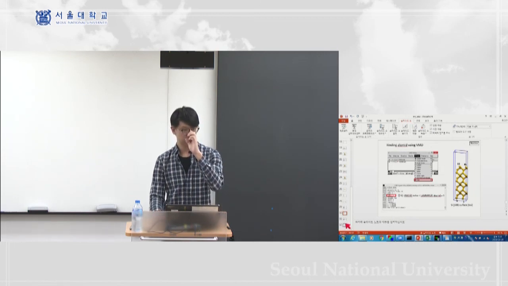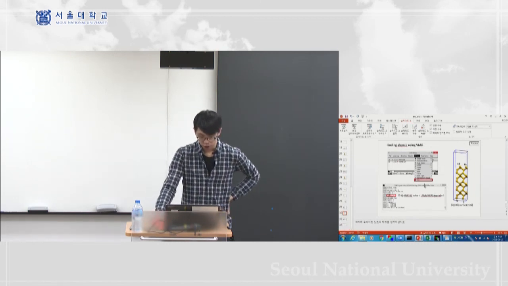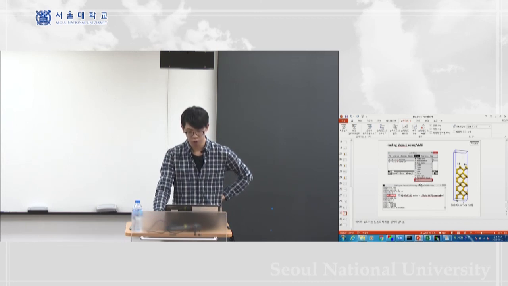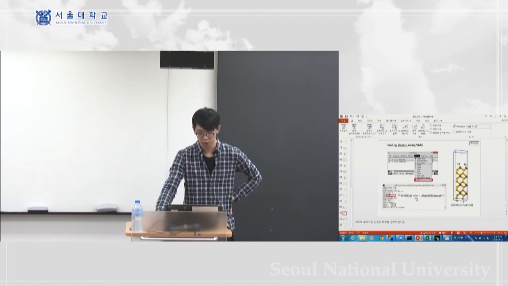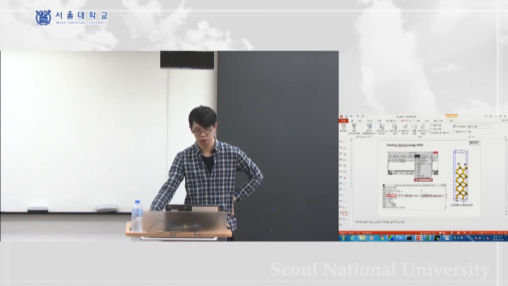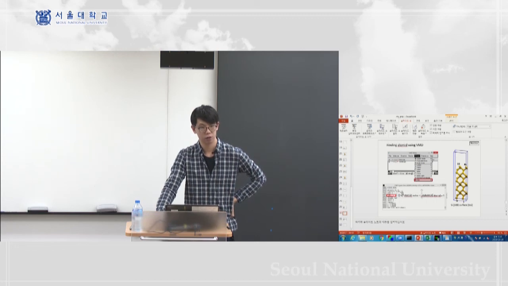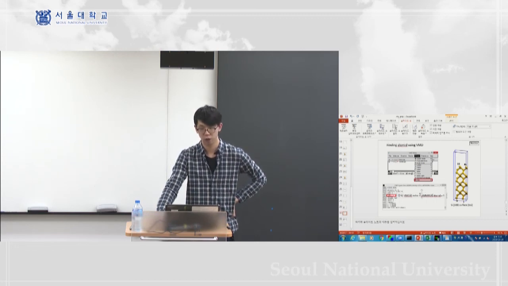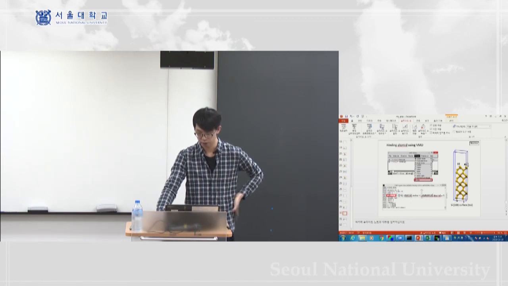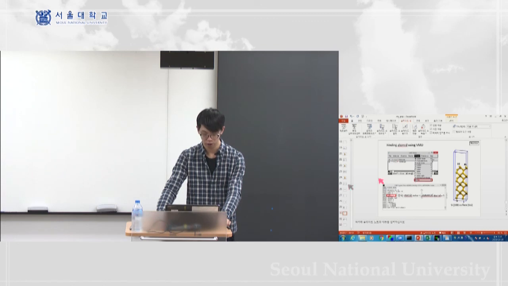As I explained before, you can use VMD to see which atom has which ID, but you have to be careful because the index of VMD is less than the index in the LAMMPS file. So the first atom in LAMMPS has ID of 1, but in VMD, the first atom has ID of 0, so you have to be careful. And the surface atoms have ID 31 and 32 in this structure.